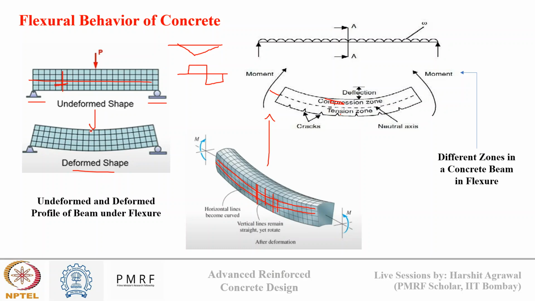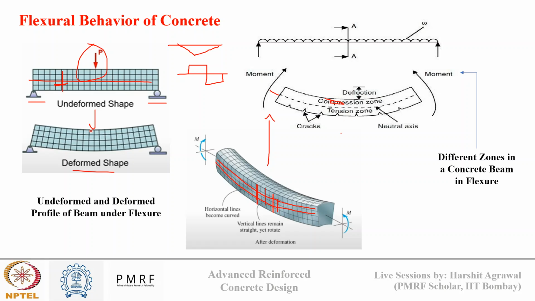Now, what do these zones mean? It means that above the neutral axis, concrete is experiencing compression force due to this P loading action, and below the neutral axis, the concrete is experiencing tensile forces.